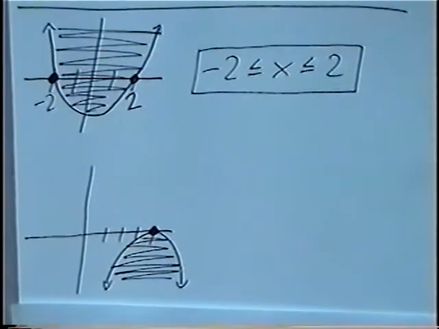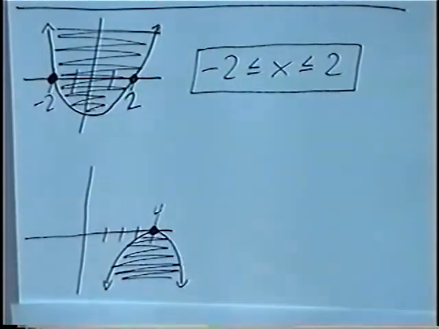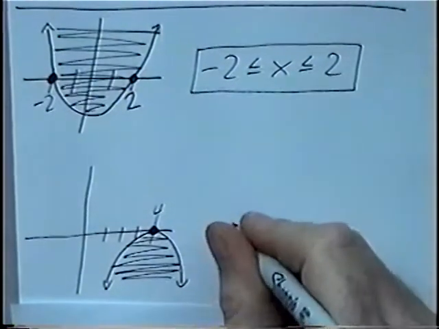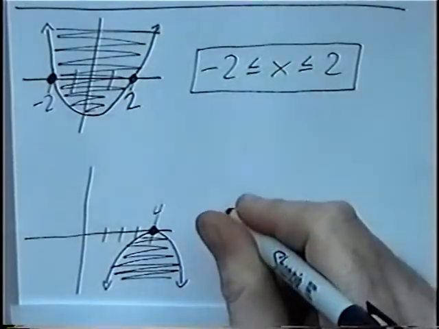Second graph and second equation. On this graph, it crosses the x-axis at one point, which would be the vertex, and that point is at positive 4. Since there's only one point and no other point on the x-axis is shaded, the answer to this graph would be x equals 4.